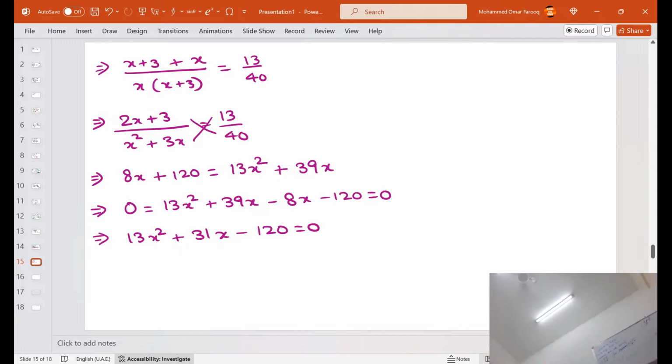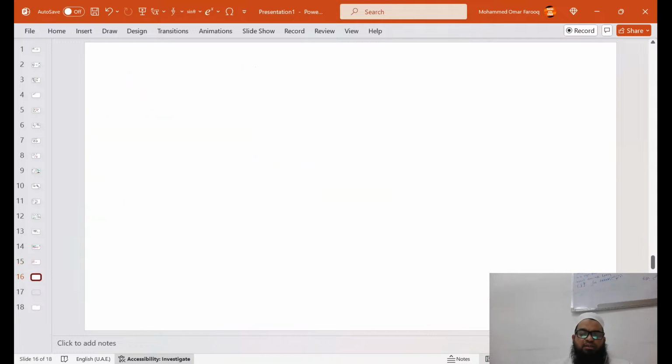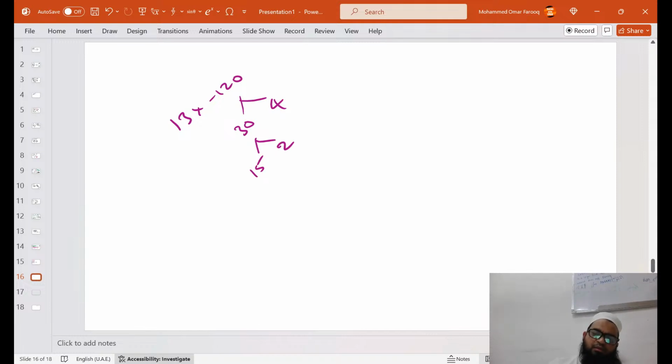Okay. Now 13 into 120, since the coefficient of x square is 13. Let us prime factorize. So it is 13 into minus 120. 120 can be written as 30 into 4, and 30 I can write as 15 into 2, and 15 I can write as 3 into 5, which are prime numbers. And 4 I can write as 2 into 2.